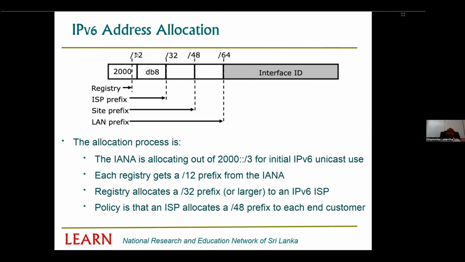So we also learn that this much address space is allocated by APNIC, and at the next level the ISP provides a particular customer address space with a /48 prefix length. We have assigned our campuses and institutes this much address space.